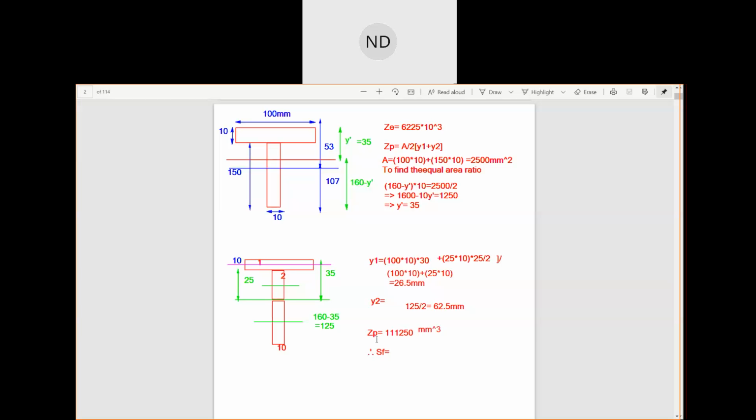What is the shape factor? The shape factor is ZP by ZE. ZE we had already calculated. ZP is correct. Find out the shape factor now, ZP by ZE.